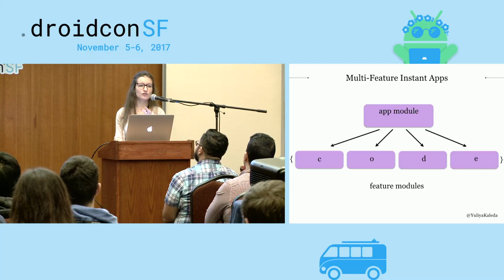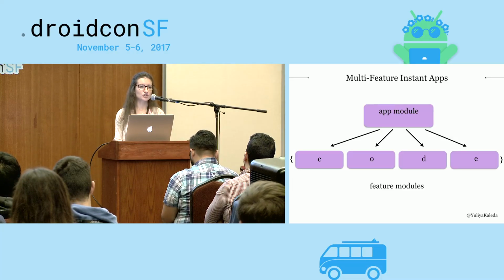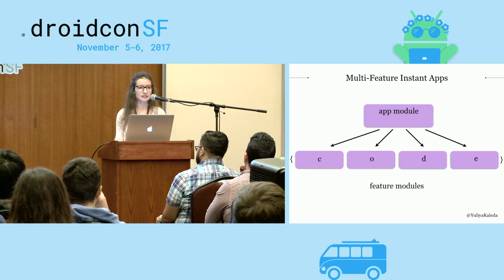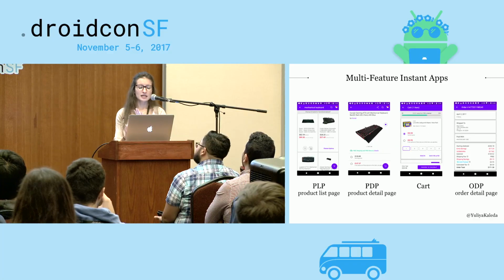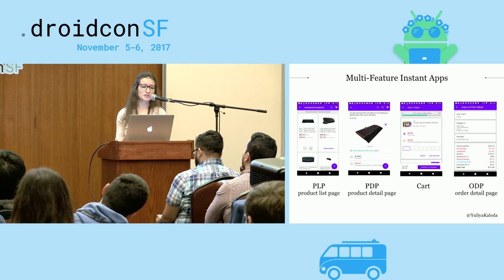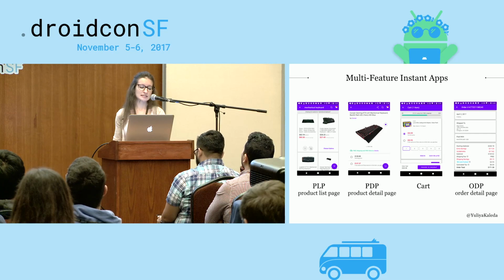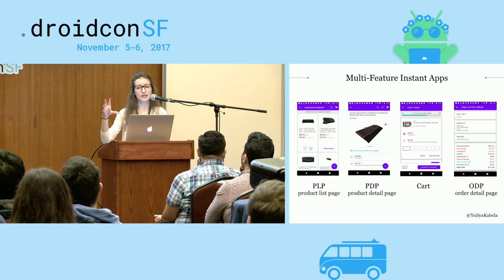I know that this definition, feature module, probably sounds very abstract to you. So let's take, for example, our jet.com application, and I would love to share with you all the features that we decided to keep separate and independent in our Instant App. So once again, jet.com is an e-commerce company. We sell stuff online, and these are the current features that we're supporting within Instant Apps. There is a PLP page, or the so-called product list page.